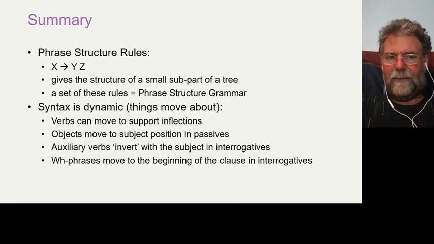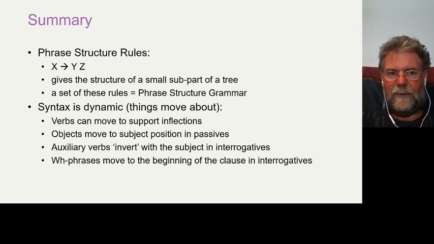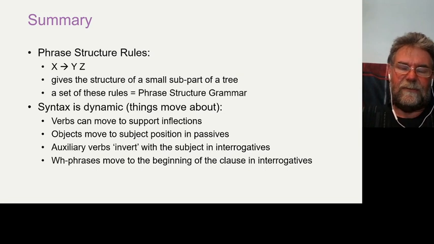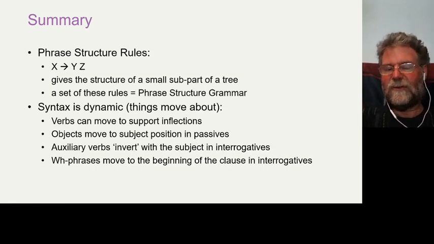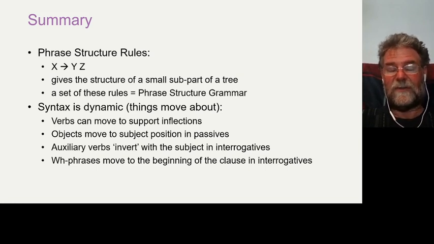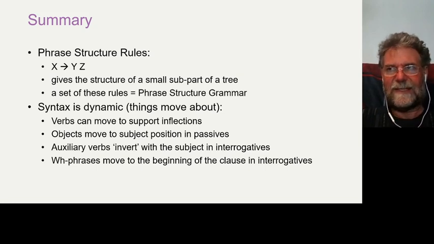However, that's not the only thing we need in order to describe all sorts of other syntactic phenomena, such as the relationship between passive and active sentences, the relationship between interrogatives and declaratives, etc. We need something else other than just the phrase structure rules. Essentially, we need rules that tell us how to move things around. So syntax is a dynamic process rather than a static thing where we just define static structures where nothing happens within them.